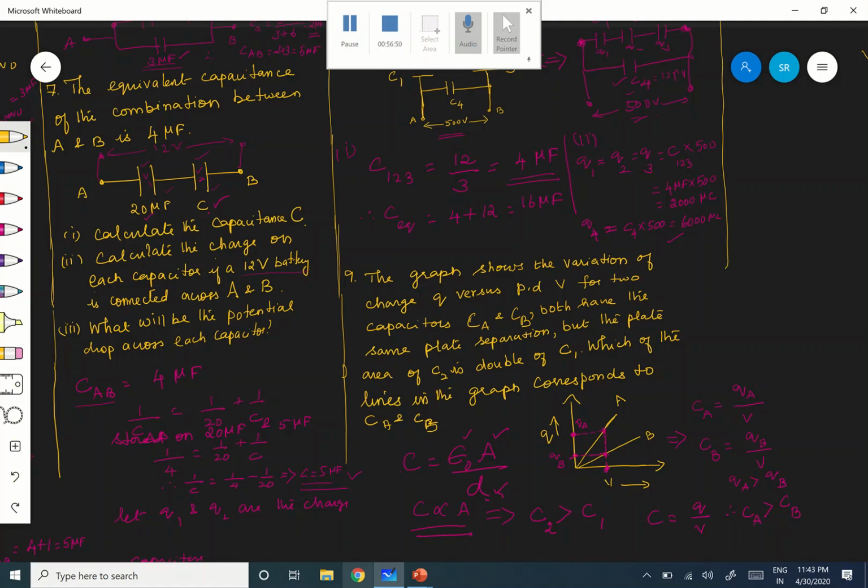Are you following line A? Therefore, which of the lines corresponds to CA and CB? Therefore, line A corresponds to, sorry, which line corresponds? The question is, which of the lines corresponds to C1 and C2?